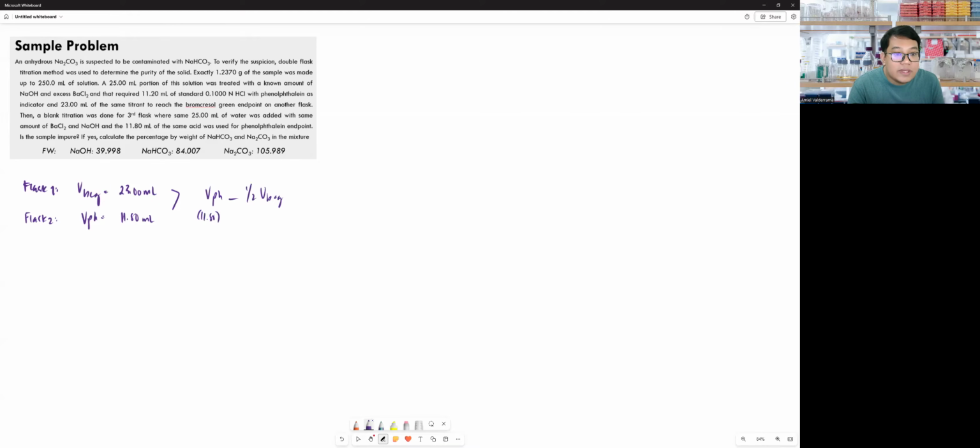Our half VBCG is 11.5. So as you can see, the phenolphthalein is larger by 0.3 than the half VBCG. So it is safe to say that our sample is impure. Impure, with a contamination of bicarb.